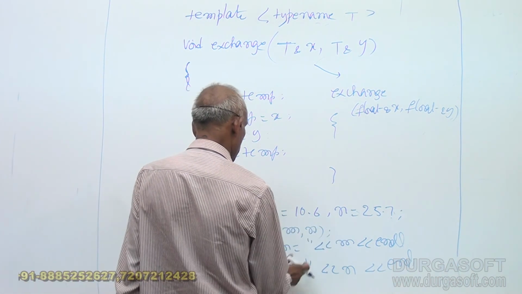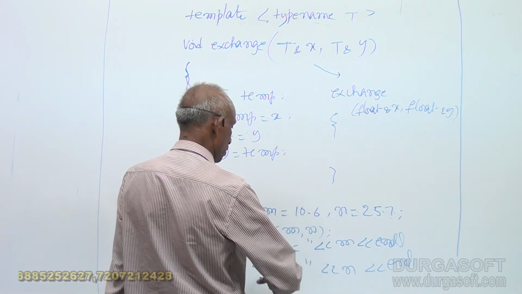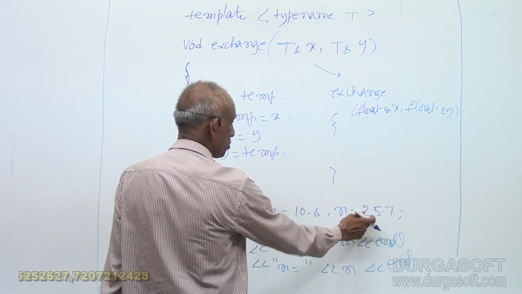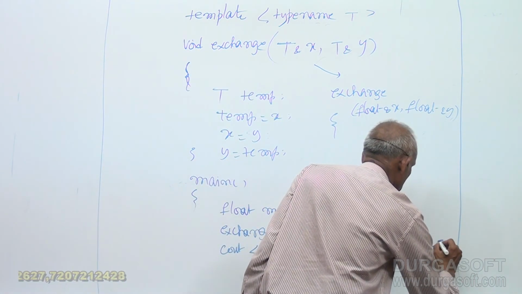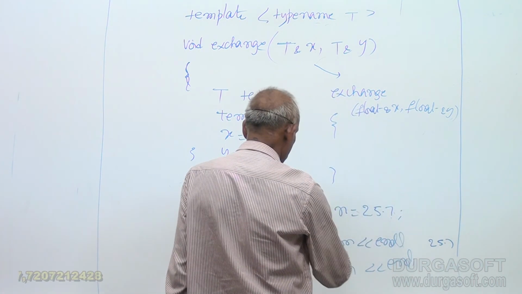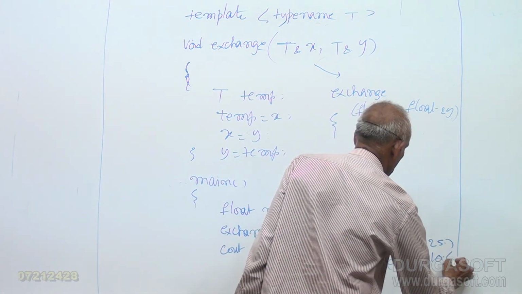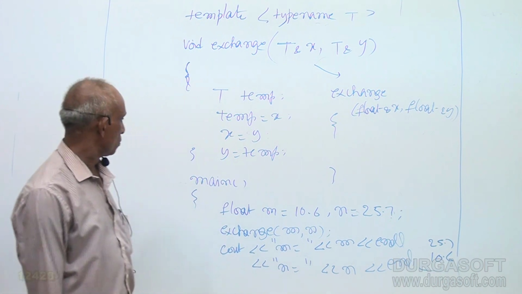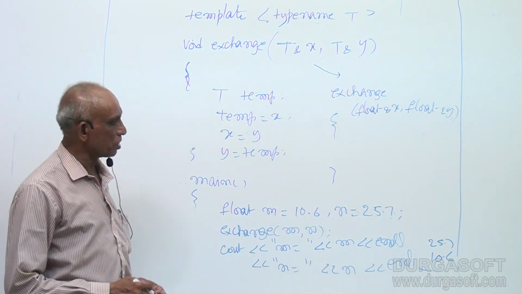Now these two values are exchanged, and in m n order you get first 25.7, then 10.6. Values are exchanged. So this is how the swapping is done using template functions.